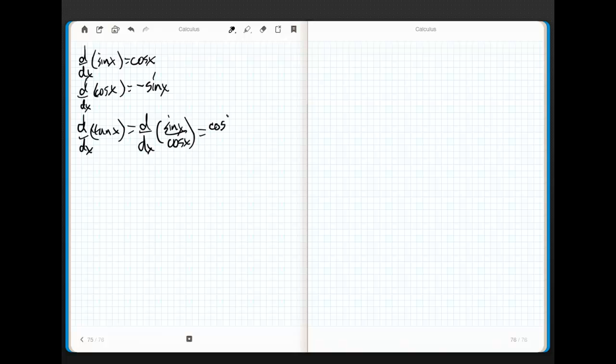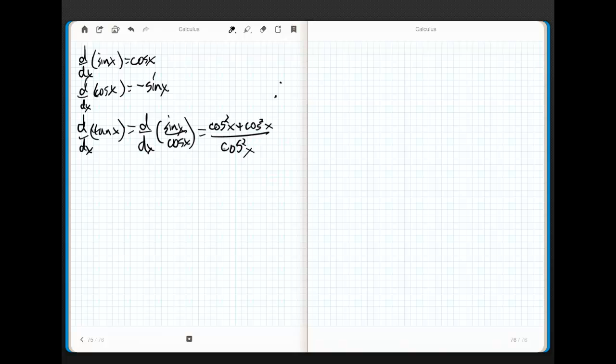So I'm going to end up with cosine squared x minus high d low. The derivative of cosine is negative sine, so I end up with plus cosine squared x all over low squared, right? So let's see, cosine squared x, right?